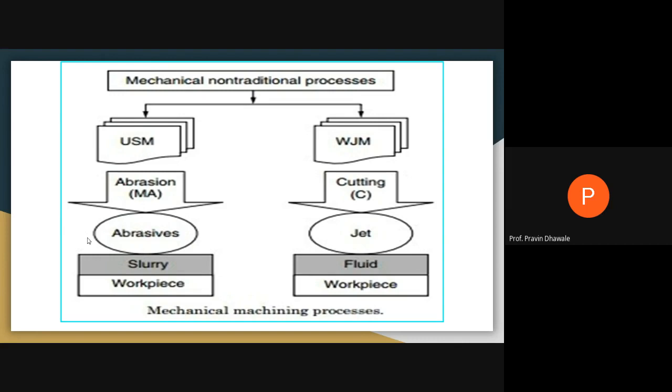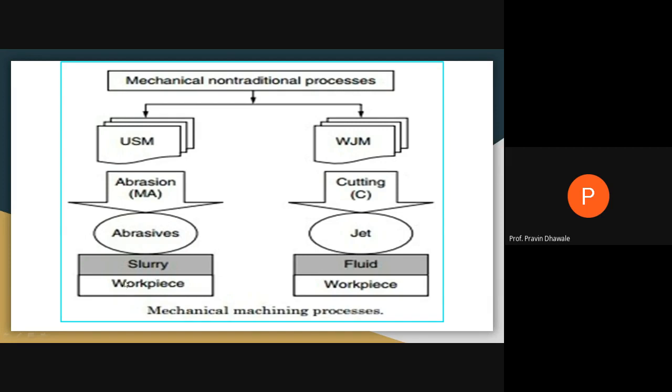When they attack the surface of the workpiece, the material from the workpiece is removed. To carry away that removed material, you require a fluid, and that is called a slurry. Abrasive plus fluid or water is called abrasive slurry. It will be impinged on the workpiece.